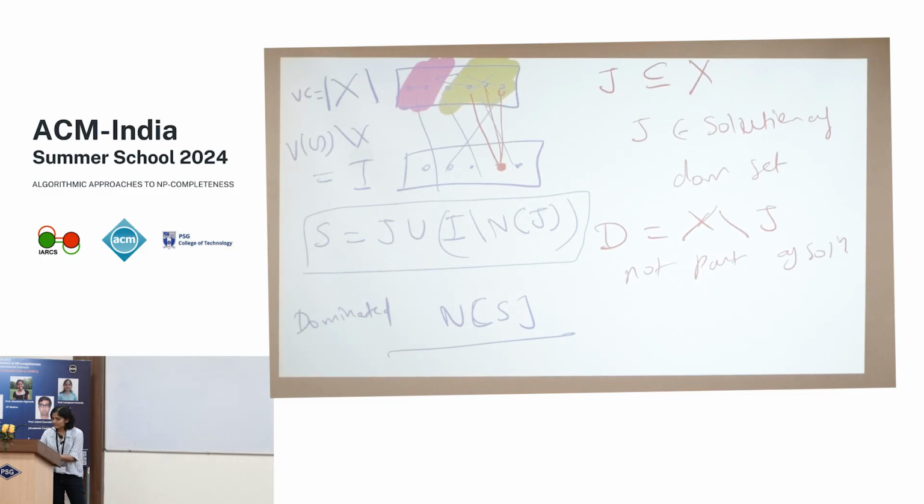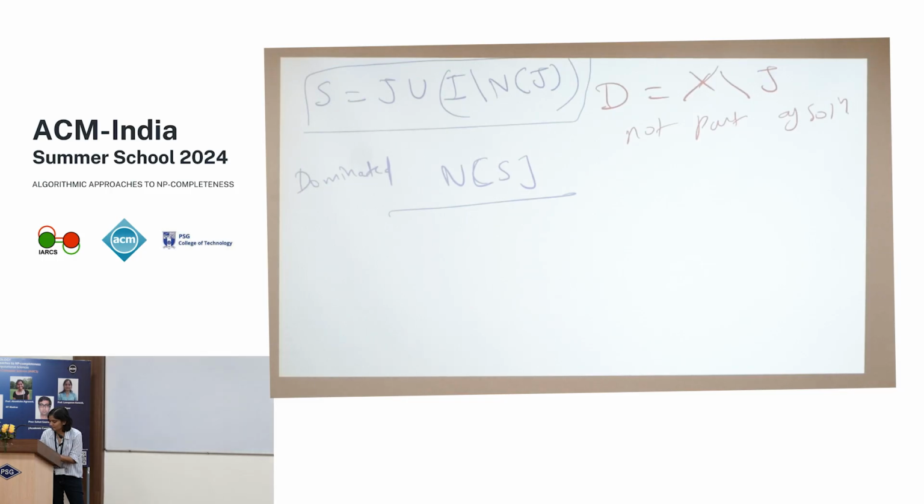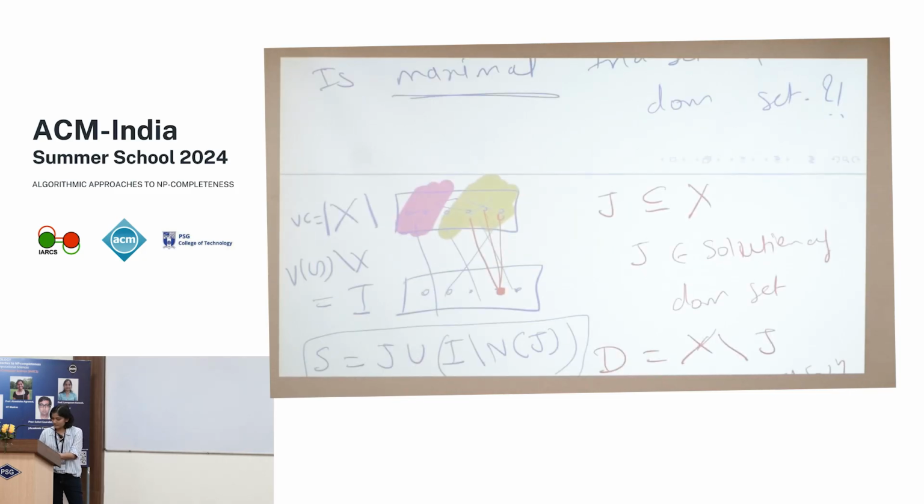So now, what is to dominate? Let me write what is to dominate: X minus close neighborhood of J. This is the set. So I have some neighbors here, those are dominated. Then something is remaining here, not just that.